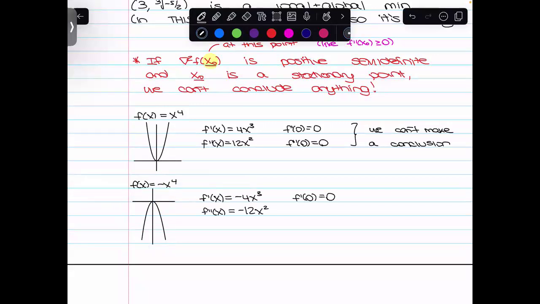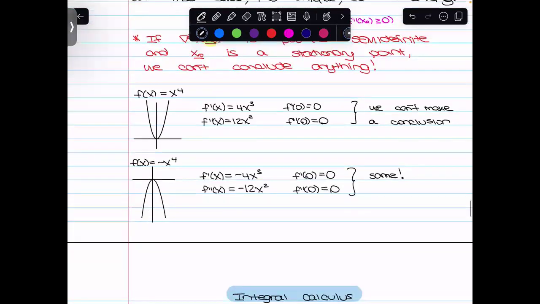Only if you can be sure that it's always greater or equal to 0 or always less or equal to 0 for every single point, so globally, then you can make a conclusion. So you need to just analyze it in general. And then you can see here, for example, that if you think about the fact that there's a power of 2, this is always going to be greater or equal to 0.